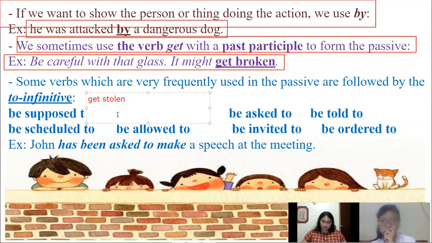Attend this man. Again, attend. Attend is a verb. Attend this man, he can get stolen.